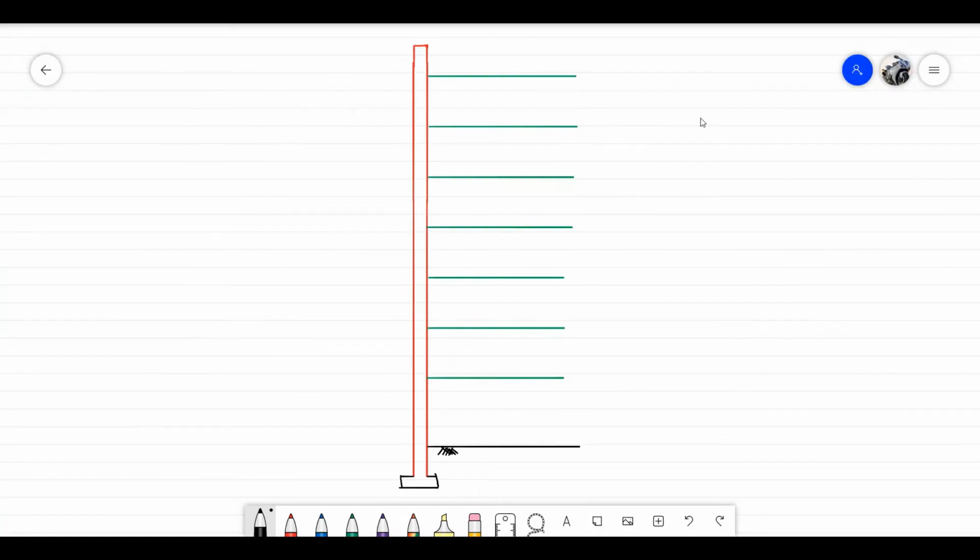In the video you can see there is a PDF. The figure is not clearly visible, and all the values we have to calculate. So I draw one figure here. You can see here is a graph. First is the ground floor here.